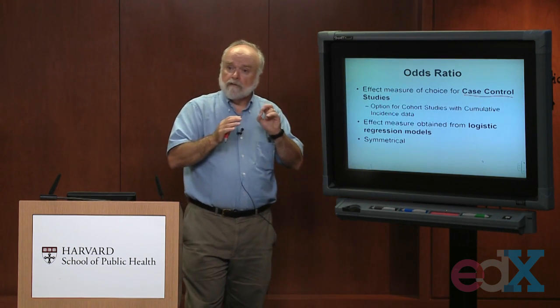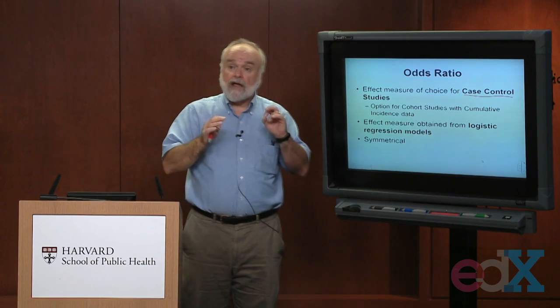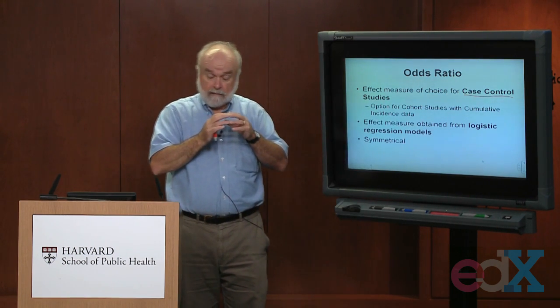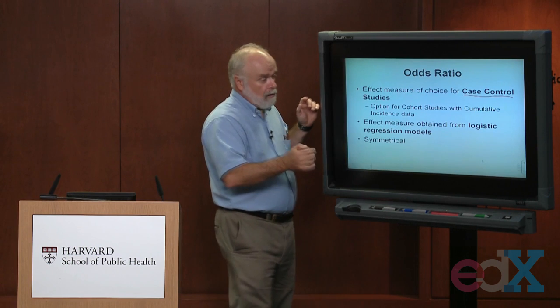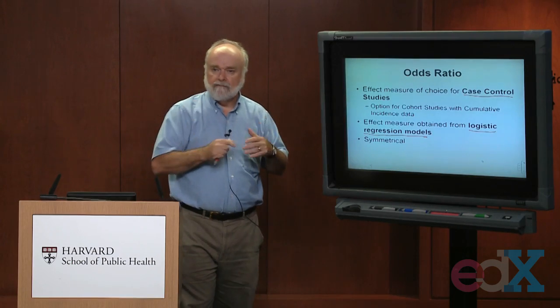Now, the second time you'll see odds ratios reported is determined by the type of analysis you might be doing in your study. If you're doing something called a logistic regression model analysis, and we'll talk about that at the very end of this course, then it turns out when you fit logistic regression models that your measure of association that pops out of your printout, the one you report, is again going to be an odds ratio.